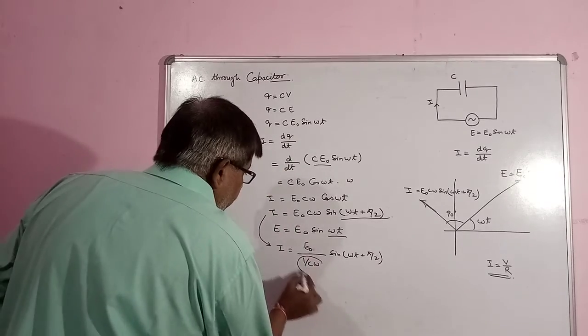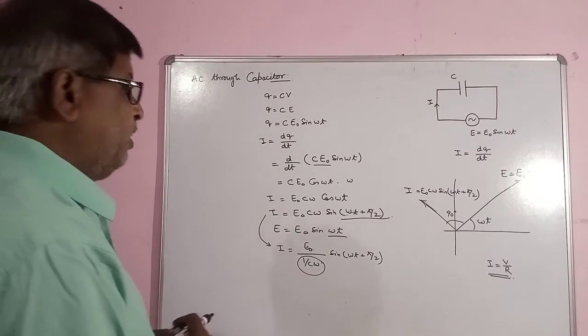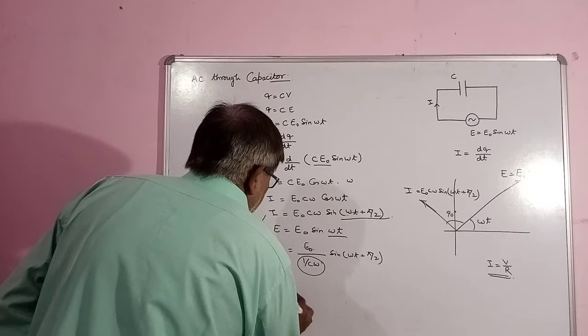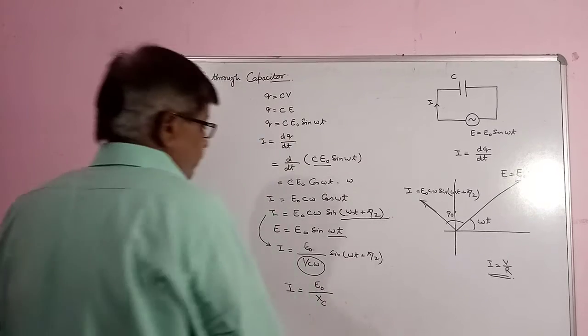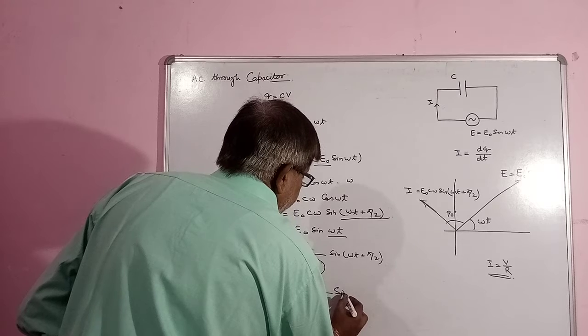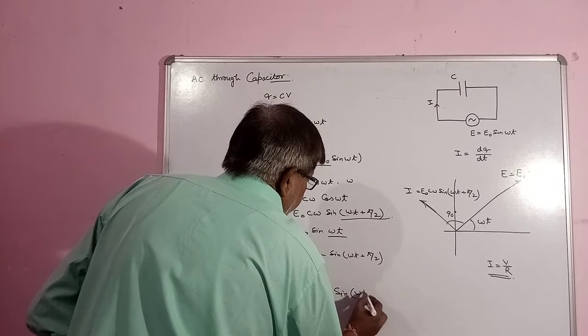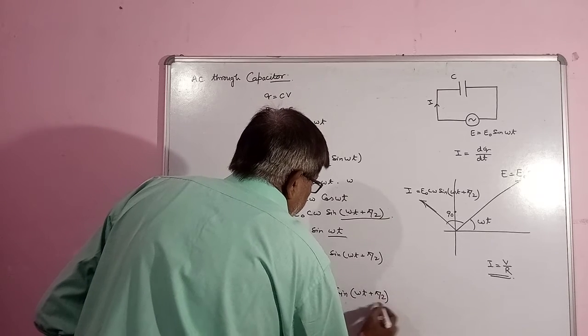So this 1 upon C omega is XC, and I equal to E naught upon XC sin of omega t plus pi by 2.